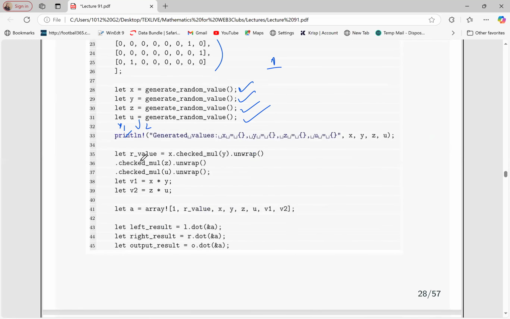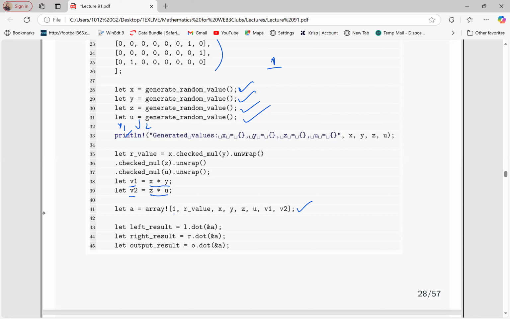Now, for it to verify, I've asked it to verify this. Before it verifies, it should know that V1 will be X times Y, and V2 will be Z times U. And this is our vector, our witness.